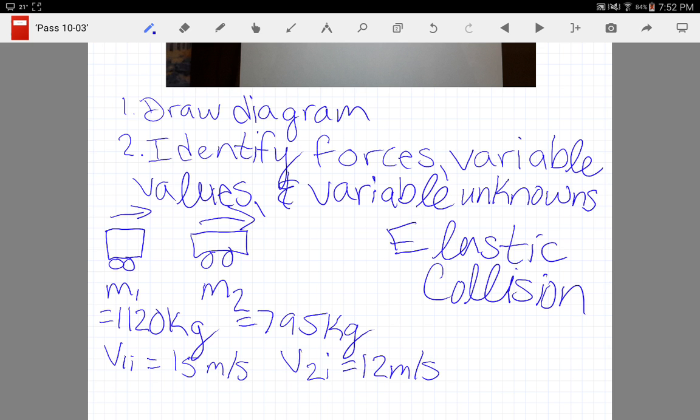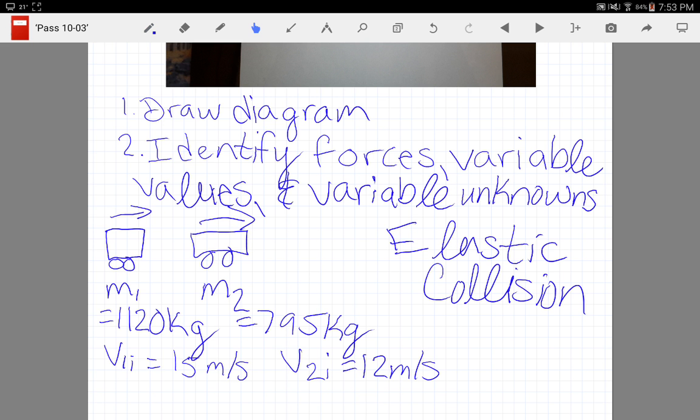So with this, what can we understand then about momentum and kinetic energy before and after? Okay, so they're both conserved.